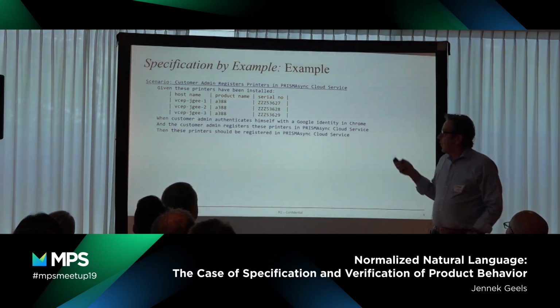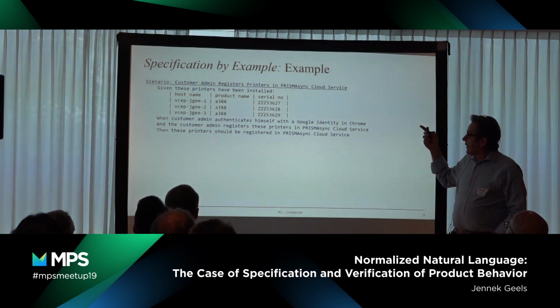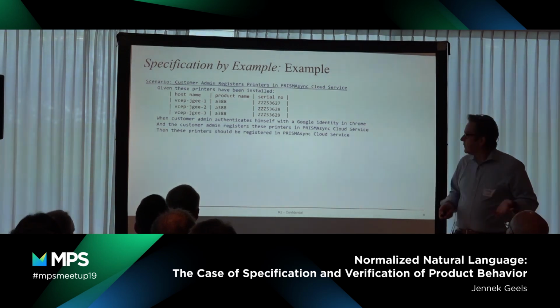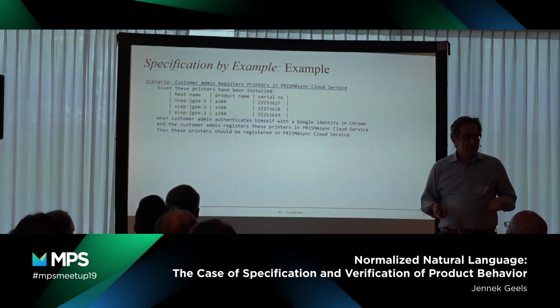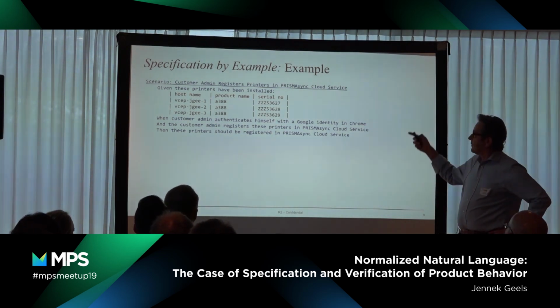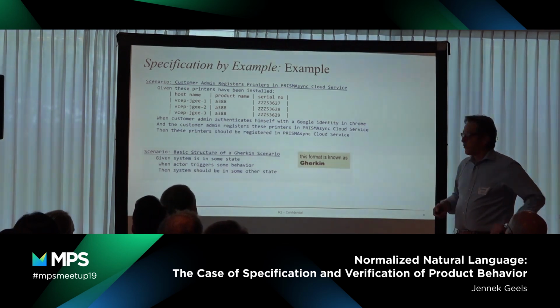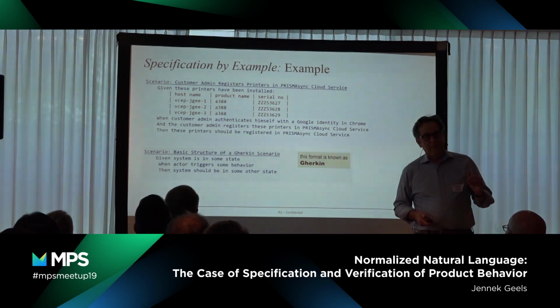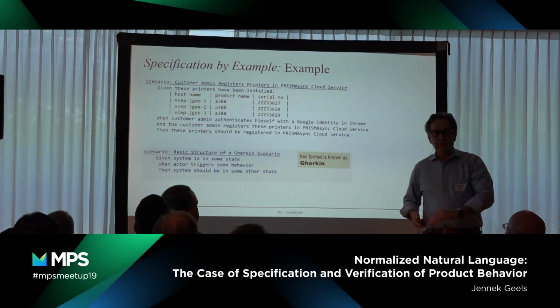And this is what it looks like. Given a situation, a state, when you have some behavior triggered, then you are in another state. And there are all sorts of syntactical niceties that you can put in like tables and all. But that's the basic thing. So this is the basic structure of what is called Gherkin: given a state, when I trigger behavior, then I'm in a new state.